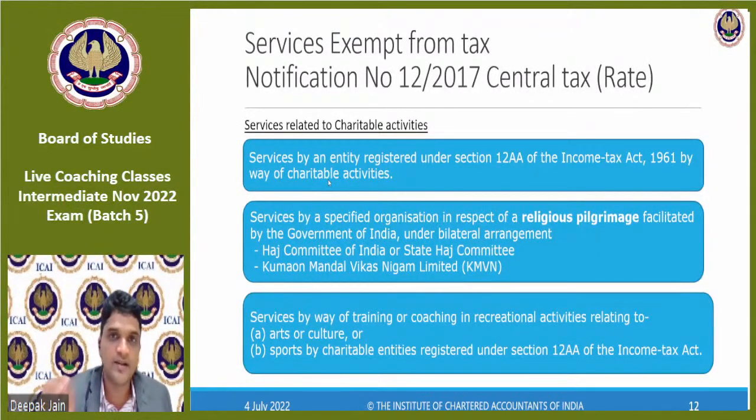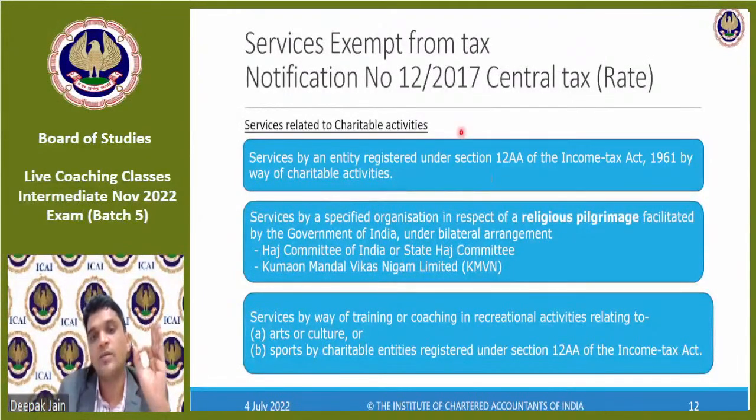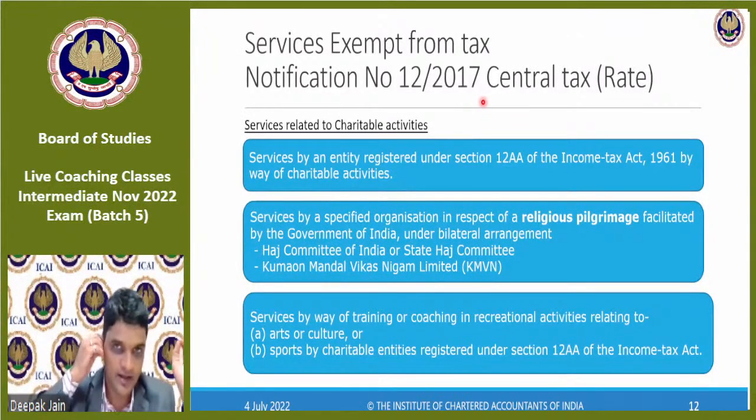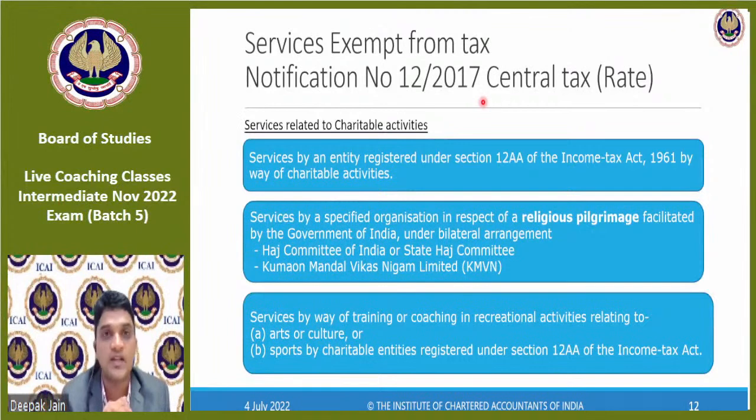So we cannot completely rely on the Income Tax Act. But it says services by an entity which is registered under 12AA of the Income Tax Act. For that, you have to go to the income tax exemption officer and make a request based on your situation, whether you are providing truly charitable services or not. They will give an exemption through this.